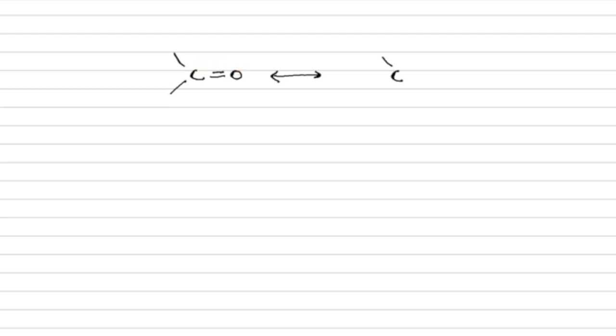A positive charge can come here and a negative charge there. So it can become dipolar, with two poles. And now let's see, due to this, what this carbon can take. This carbon can take a nucleophile.